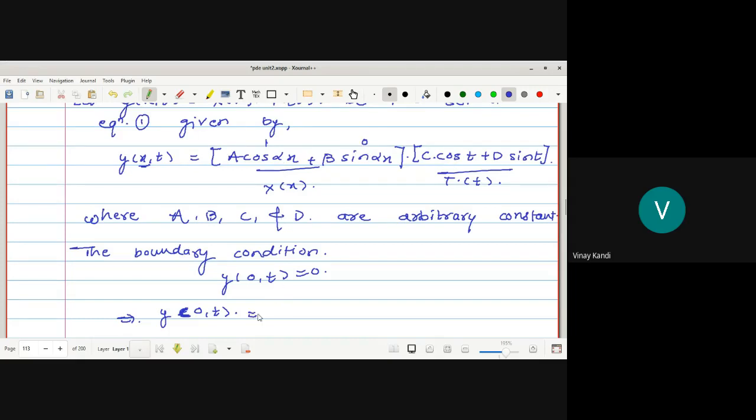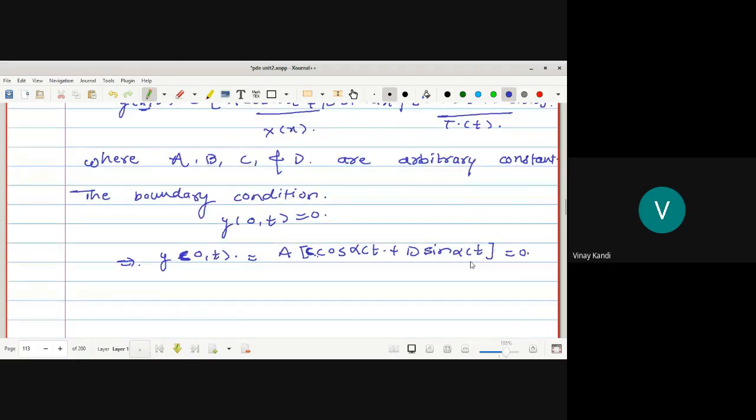So we get a into bracket C cos alpha c t plus D sin alpha c t. So this is equal to 0.